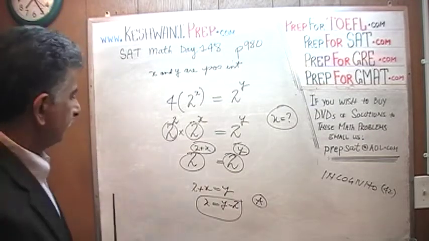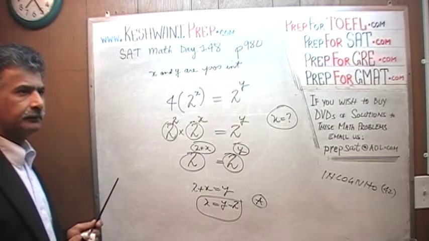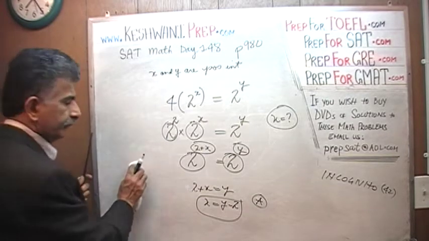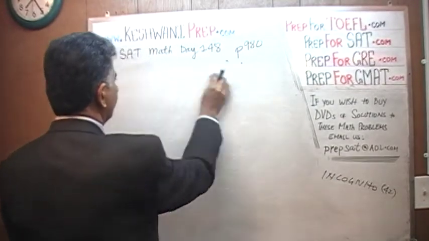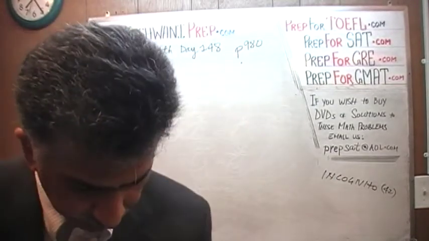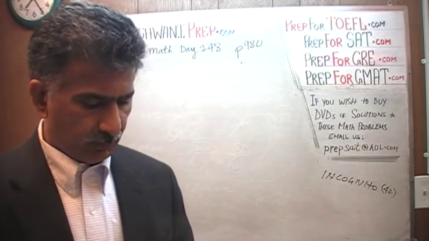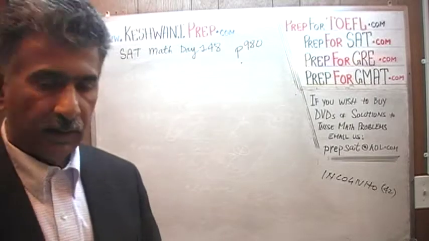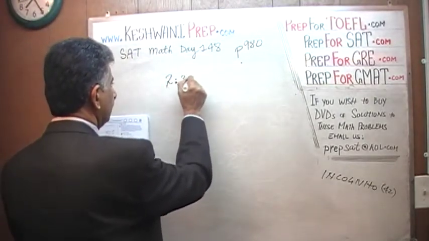Number 12. In number 12, we are told that the degree measures of the angles of a triangle are in the ratio of 2 to 3 to 4.